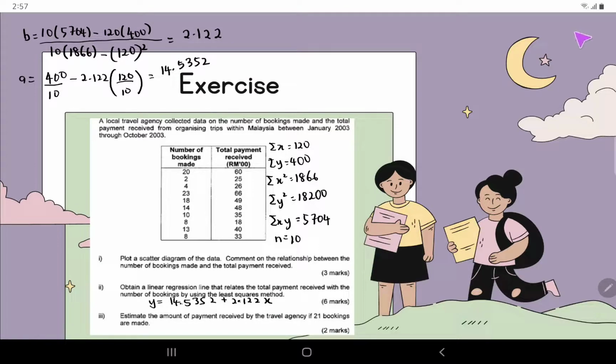Okay. So kalau dari segi statistik, equation dia y equal to a plus bx. But mathematically, equation ni adalah straight line, which is y equal to mx plus c. So our m is 2.122 and our c is the y-intercept. Okay, y-intercept dekat 14.53.